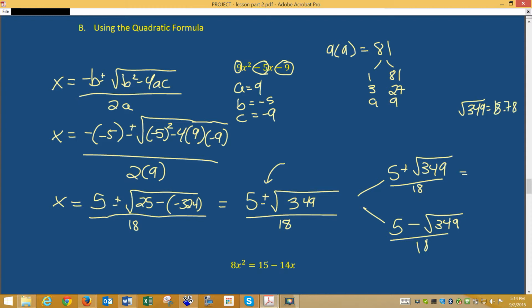Okay, so at this point, just go 5 plus 18.78 divided by 18 is 1.31. To 2 decimal places is fine. And 5 minus 18.78 divided by 18 is giving me negative 0.76. Final answers.